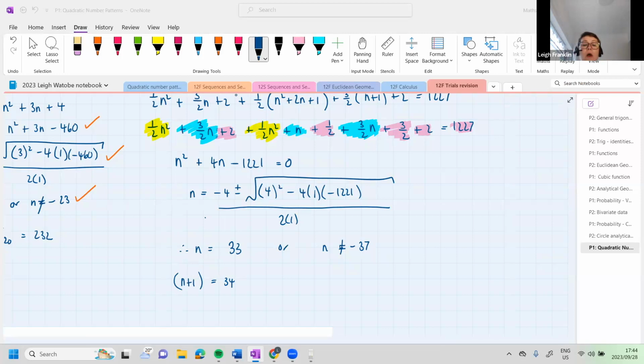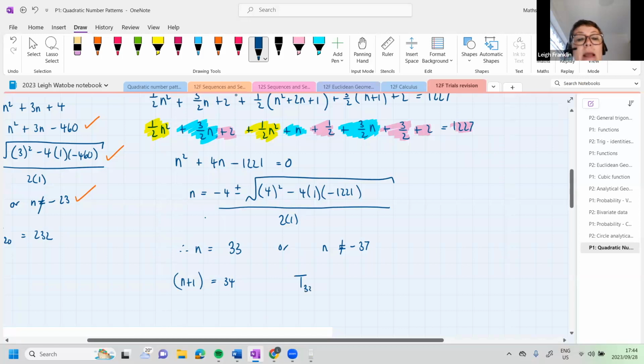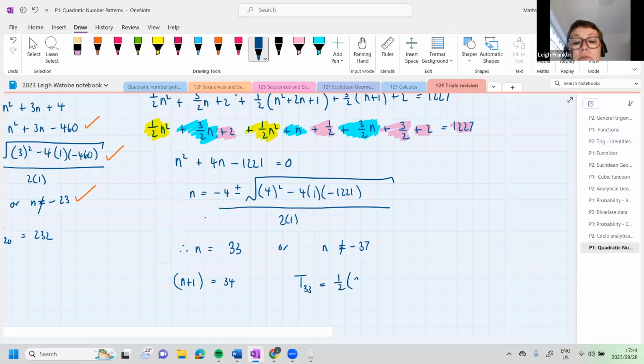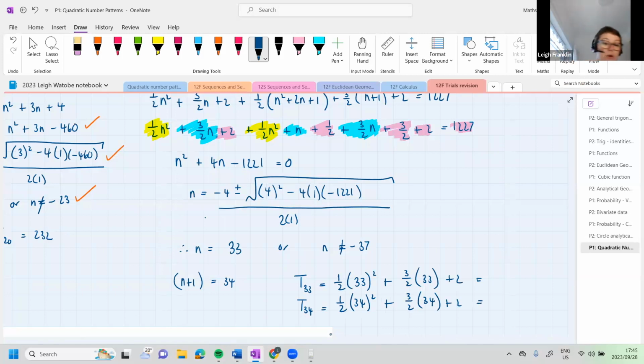So now we know the position of these terms in the pattern. Now we want to work out what their value is. So we're going to sub 33 into our nth term. So we've got half n is 33 squared plus 3 over 2 times 33 plus 2, and we're going to work out what its value is. And then we've got term 34, and we're going to sub 34 in and work out the value of the 34th term.